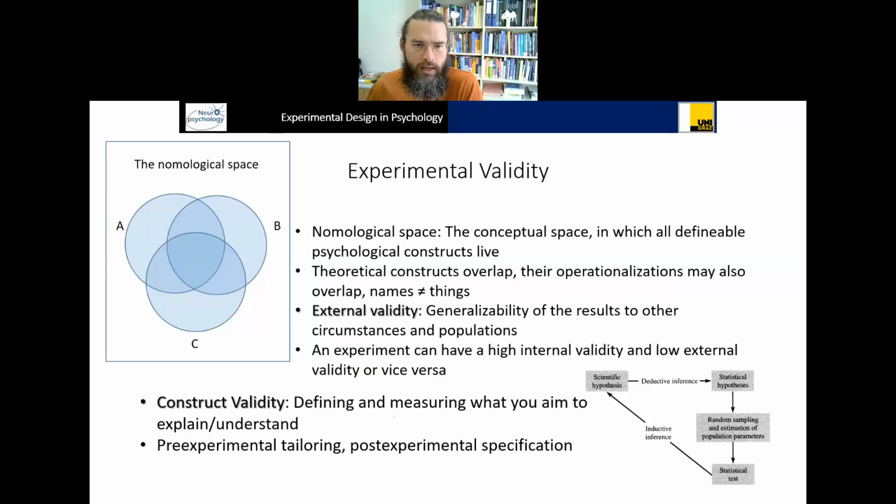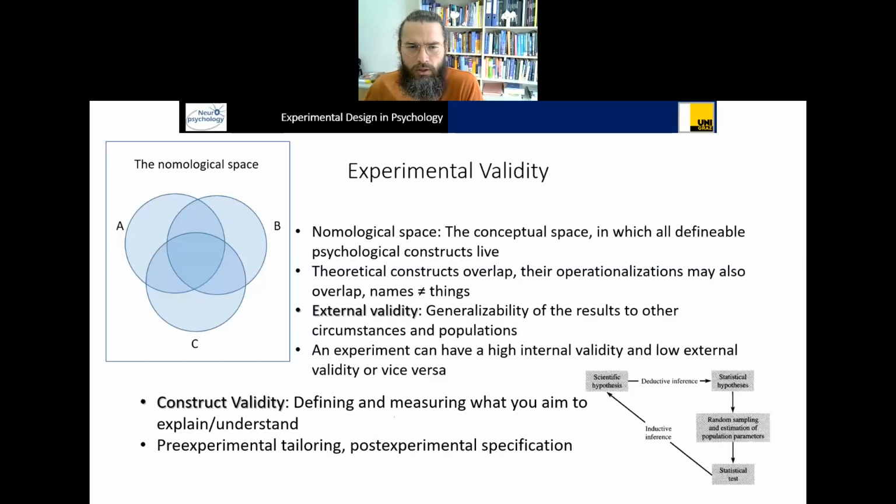And there is a nice formalization of that, so that all existing constructs you may measure live in the so-called nomological space, and the region in this nomological space occupied by different concepts, so this space can be as highly dimensional as you want.